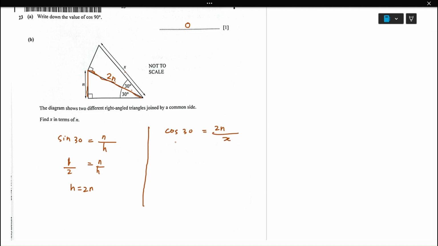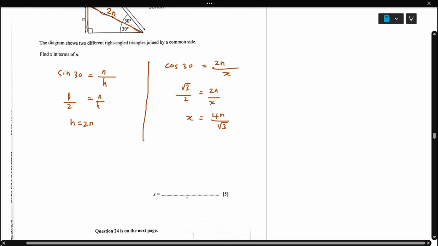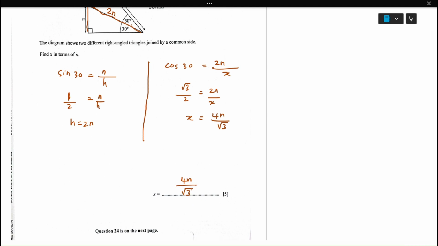Here we need to find x. Cos 30 equal to sine 60, so root 3 by 2. So root 3 by 2 equal to 2n over x. So x equal to 2 times 2, 4n over root 3. That's the answer here, 4n over root 3.